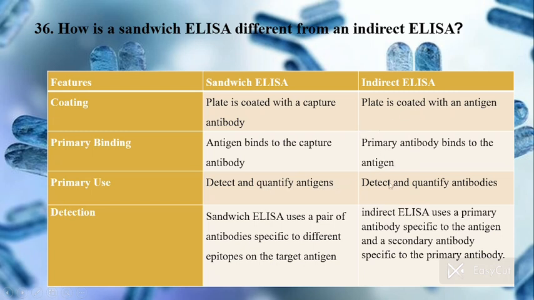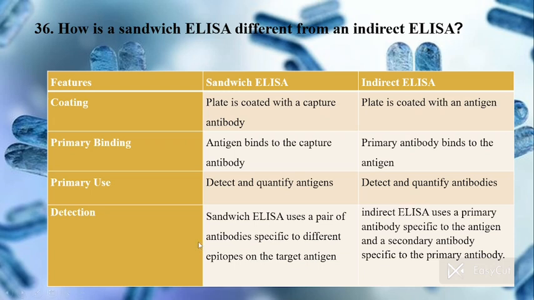In indirect ELISA, we are going to detect and quantify antibodies, as we have seen that the plate is coated with an antigen, and we quantify the antibodies which bind to those antigens. For detection, sandwich ELISA uses a pair of antibodies which are specific to different epitopes of the target antigen.